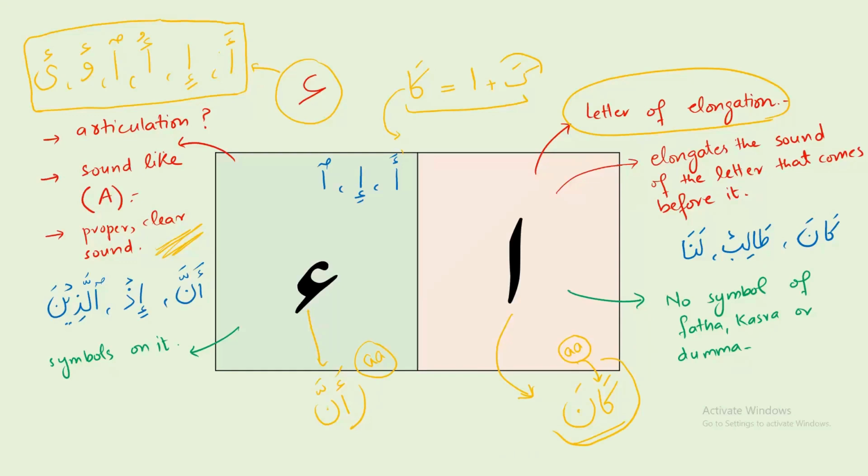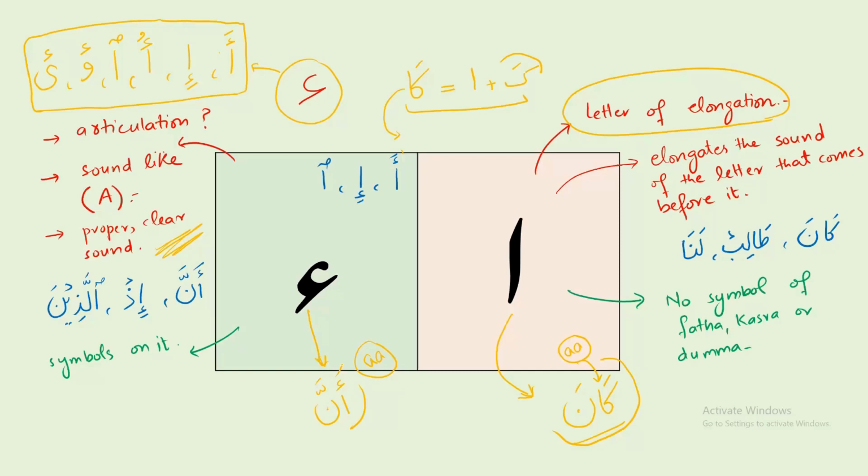So we cannot hear the proper sound of alif in there, right? The first sound is very light, just for a second or two, but the second sound of hamza is actually very proper. We can hear it clearly, right? Anna. Okay, so that is the difference between these two.